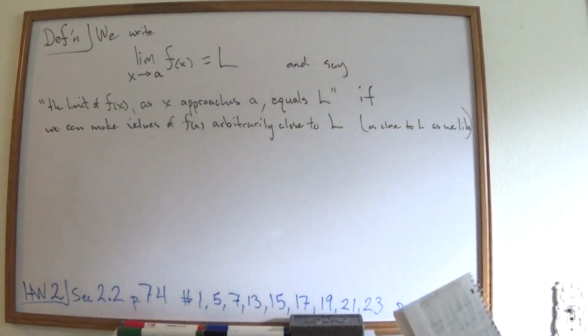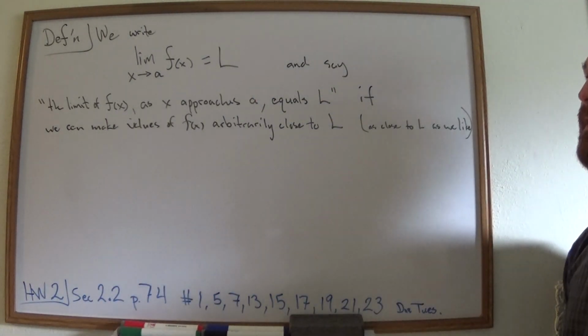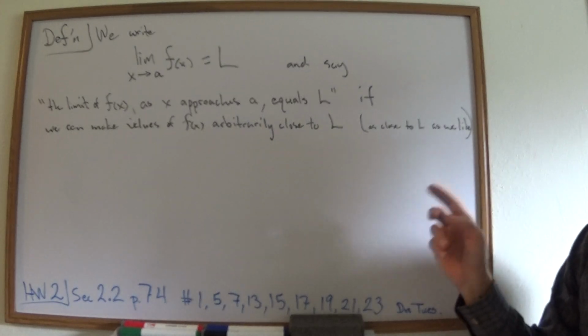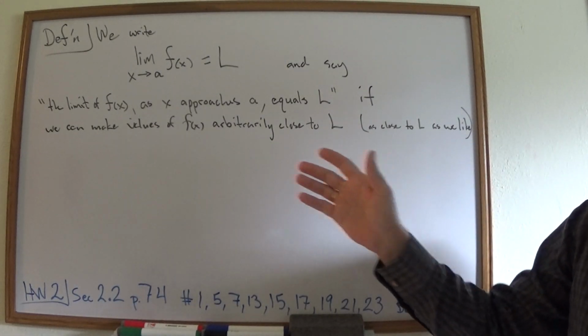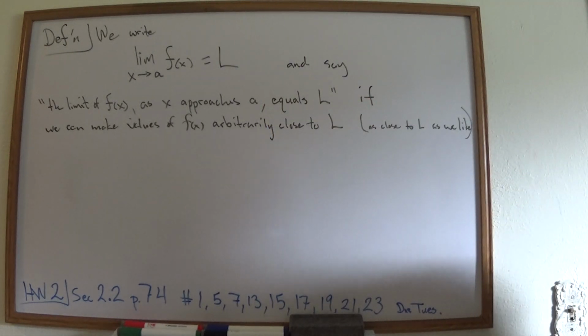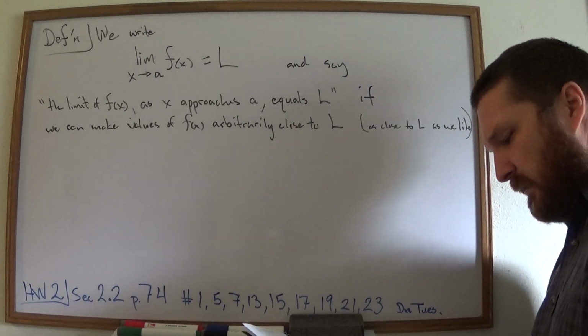Meaning like, if L happens to be 5, can we make f of x 4.999999999? That's what we mean arbitrarily close. As close as you could possibly want, within any tolerance, is another way of saying that.